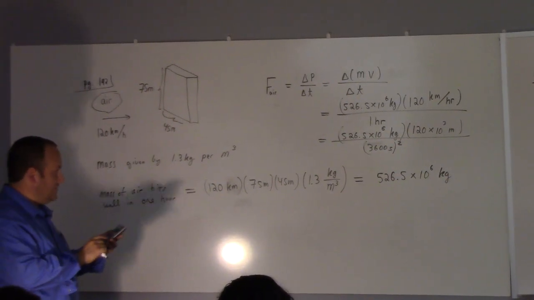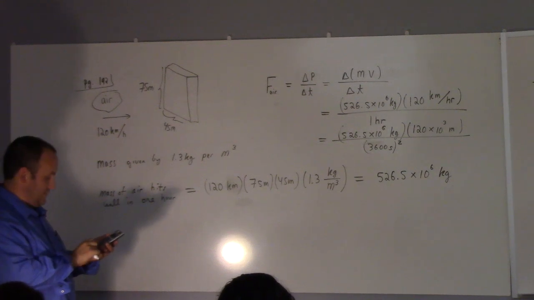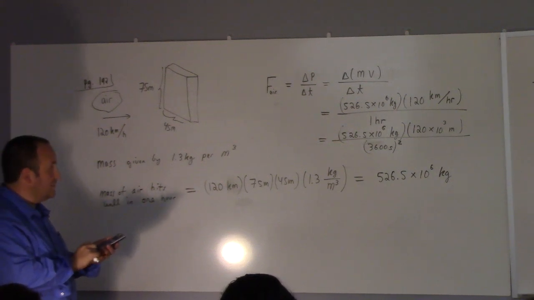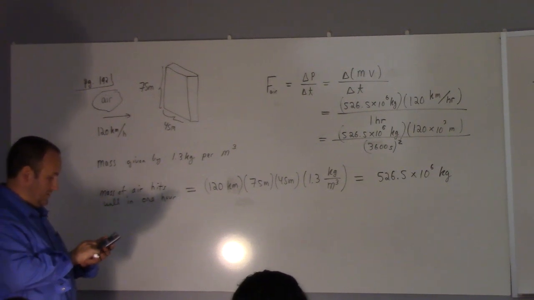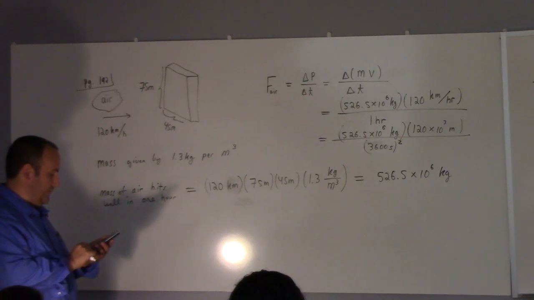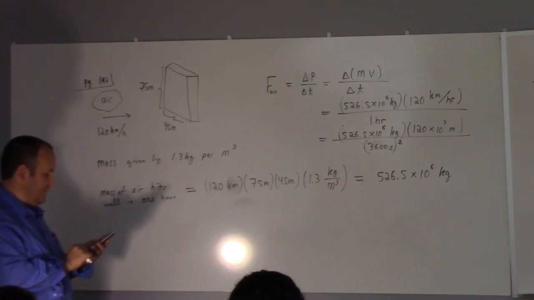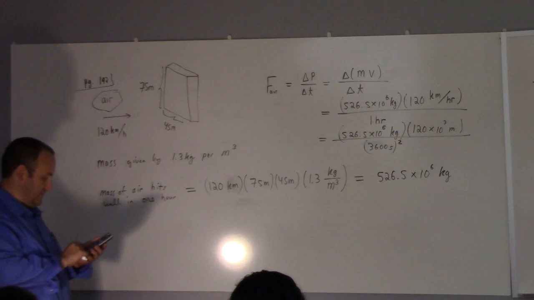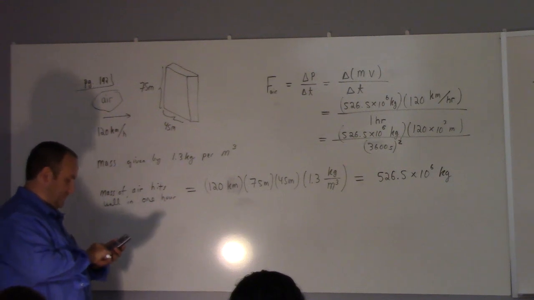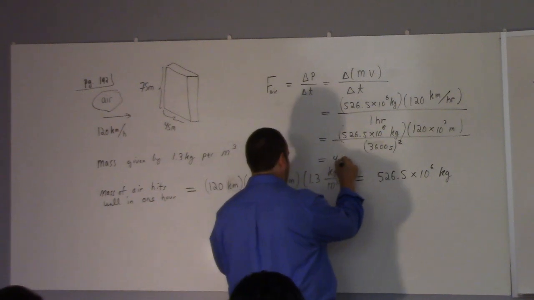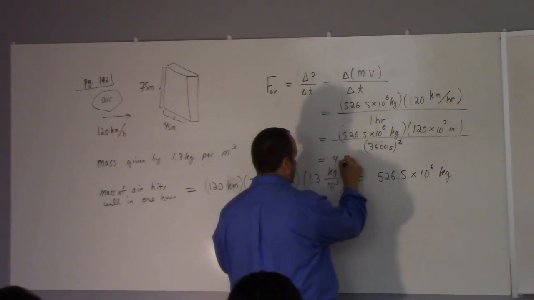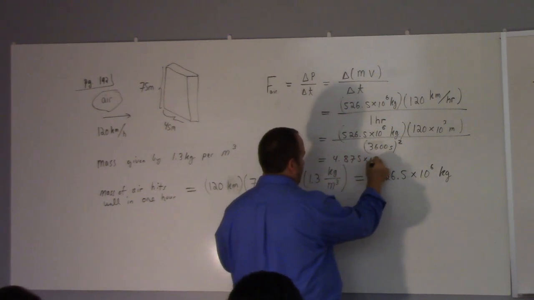Here goes nothing. I get 4,875,000 newtons. Or let me write it in a more civilized way. I get 4.875 times 10 to the 6th newtons.